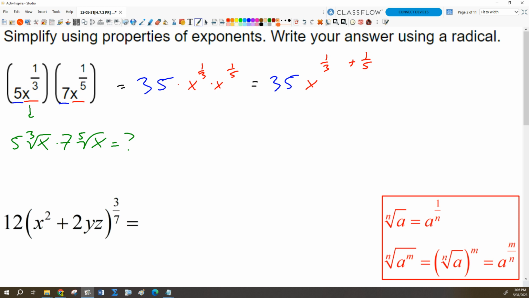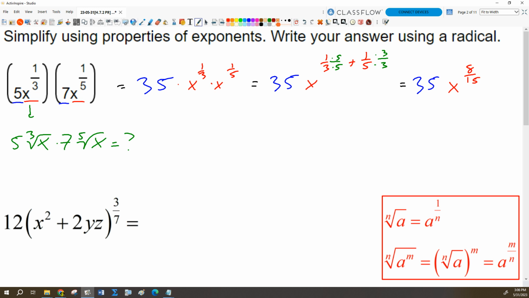What's my common denominator going to be here? 15. So what do I have to multiply both the top and the bottom of the first fraction by? Second one? Okay, so that's giving me 35 x to the 5/15 plus 3/15 is what? 8/15.